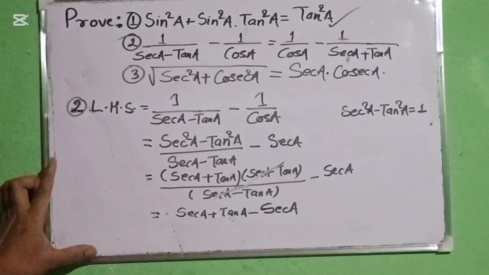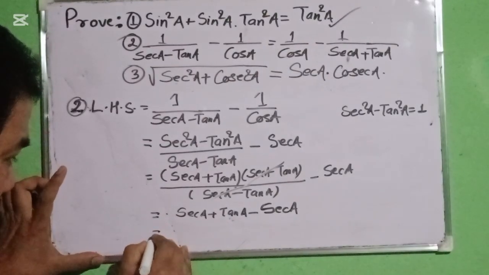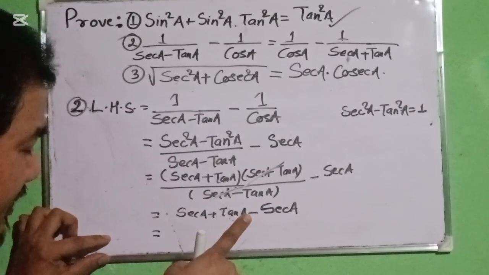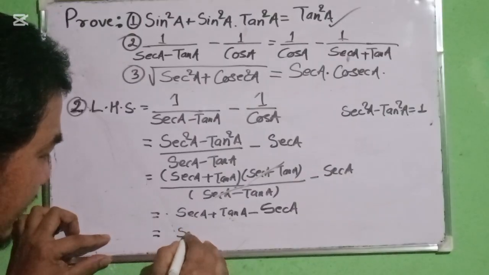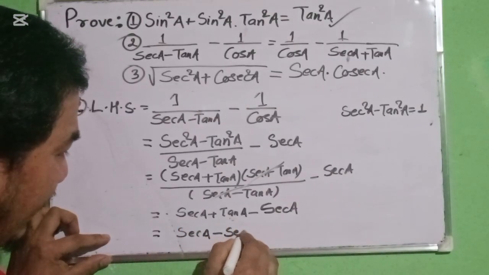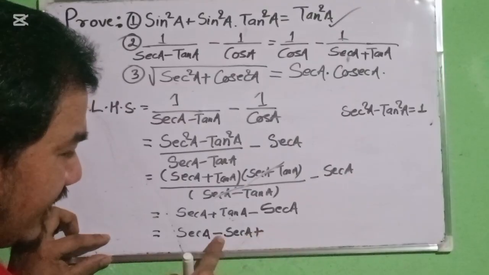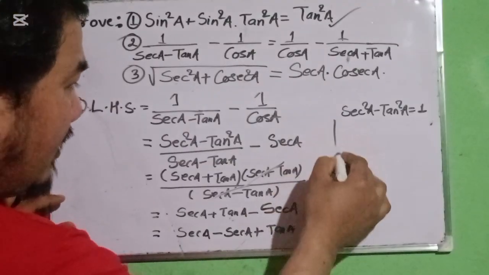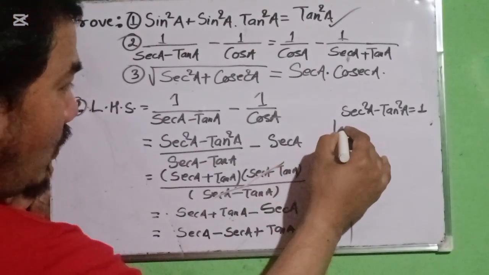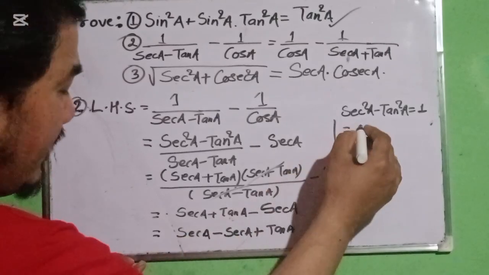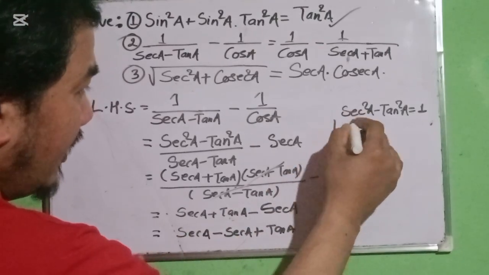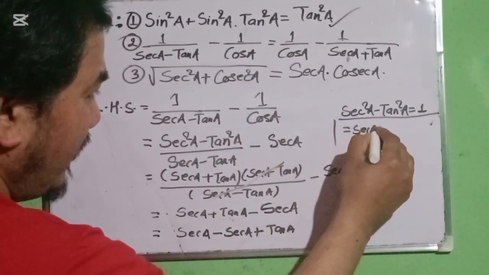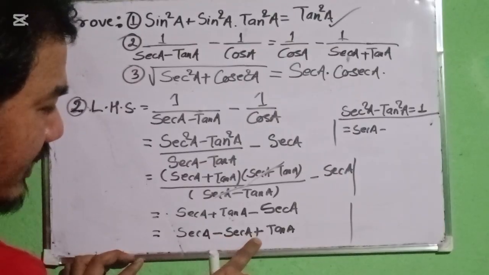That's why, look here, some tricks will be used. Here is a very important step. Now let's bring this minus sec A here in the middle, plus tan A. After this, in place of sec A, we can use 1 by cos A. Before using that, I want to take minus common in these two.